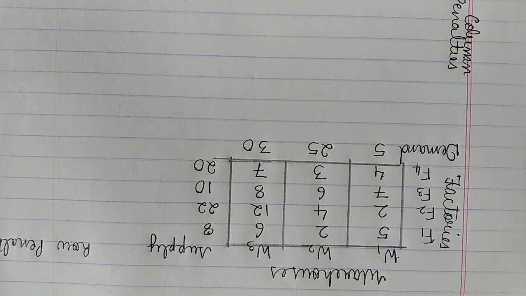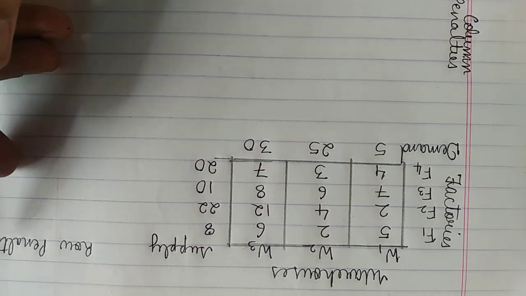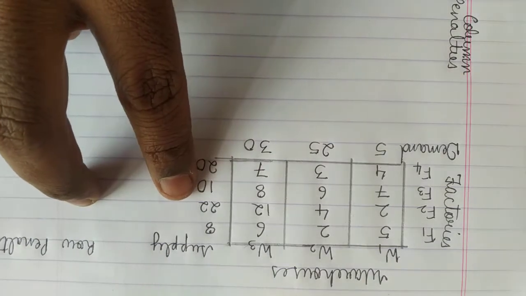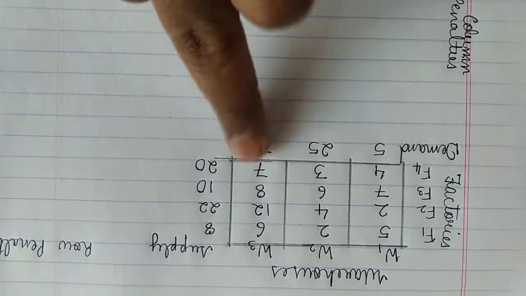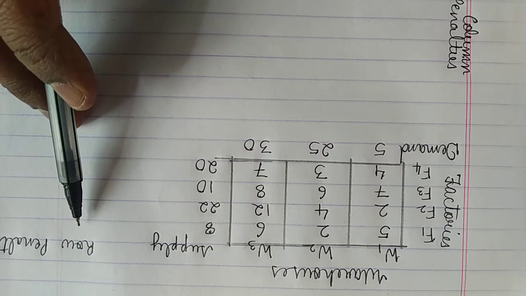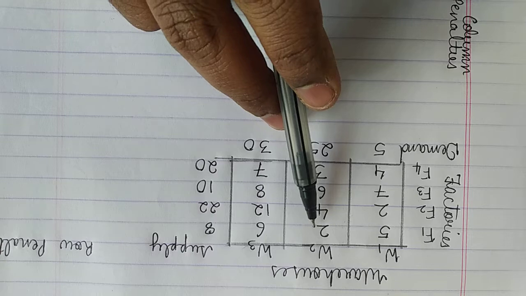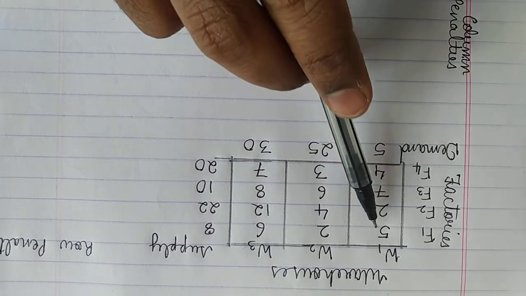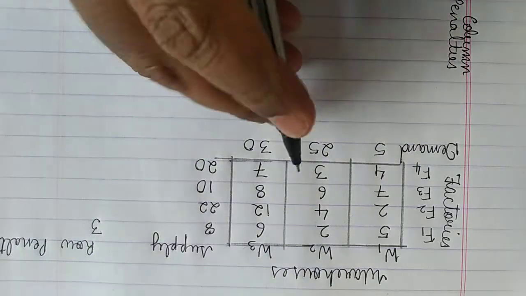So here I have noted down the problem once again, and here I'm writing row penalties and column penalties. See that I'm keeping some gap here for cancellations of supplies and some gap here for cancellation of demand. Okay, so first find row penalties. Again, like the previous problem, we have to find out row wise. First row, the least cost is 2, second least cost 5, the difference between 2 and 5 is 3.